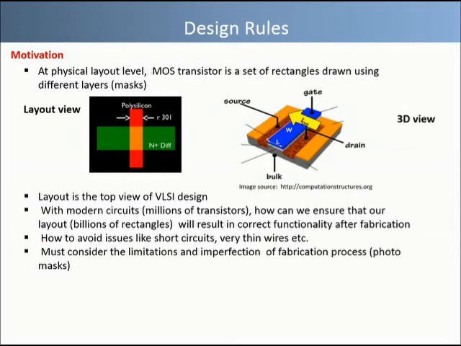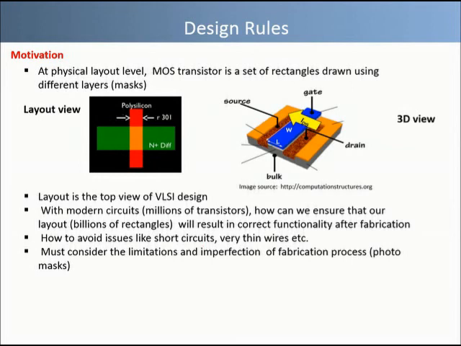For example, in layout we may have drawn two rectangles very close to each other and they result in a short circuit, or we may have drawn a rectangle of a certain wire very thin which may affect its conductivity and may result in poor behavior of circuit. So how to avoid these issues while designing the layout?